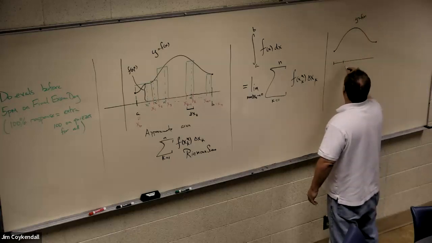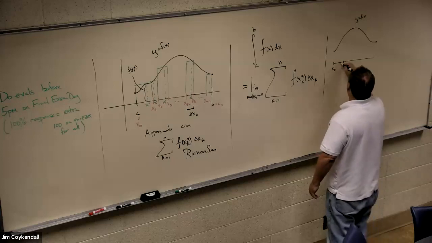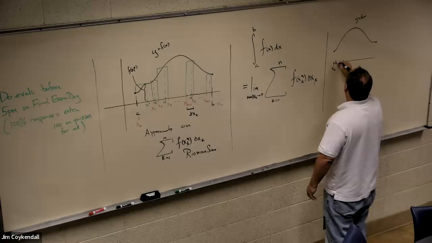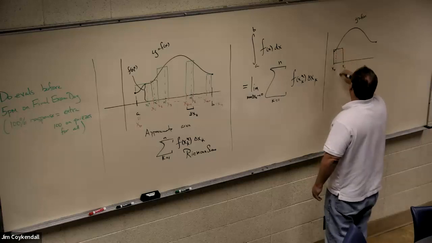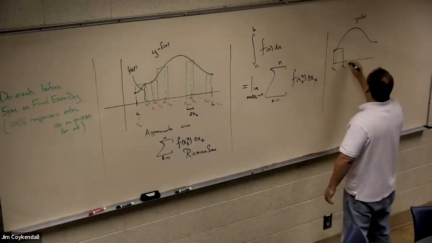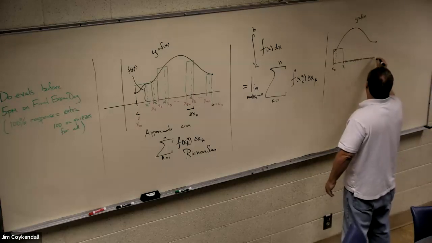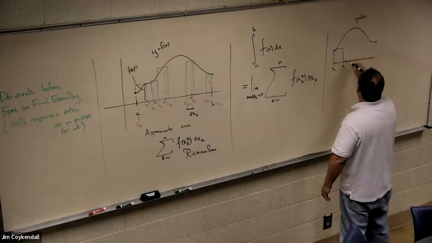What if, here's my first box, and here's my test point. Now, what if I let my number of boxes go to infinity by letting these get skinnier and skinnier?